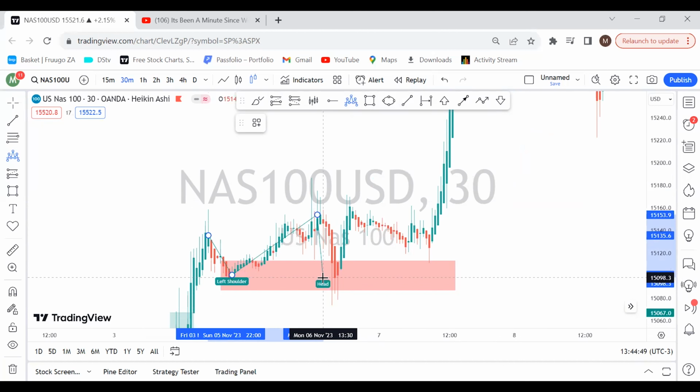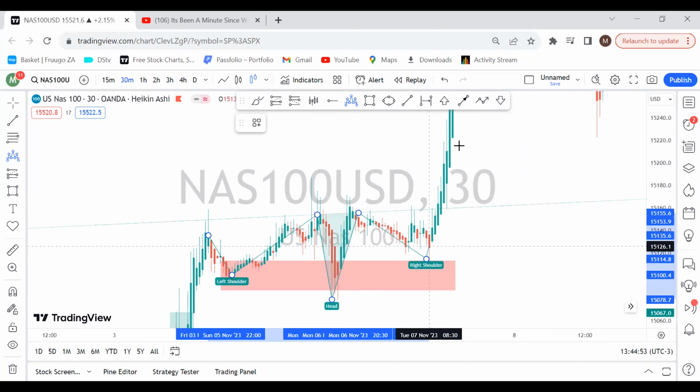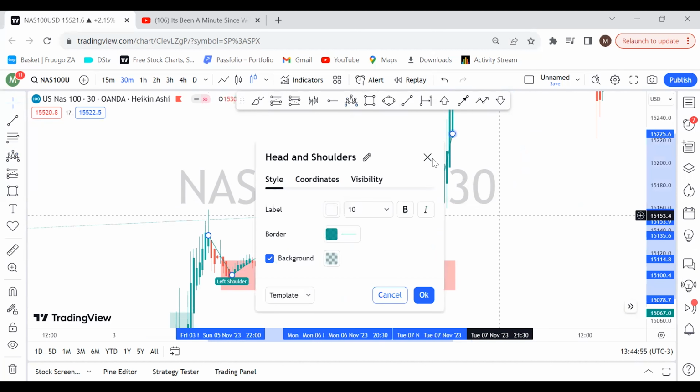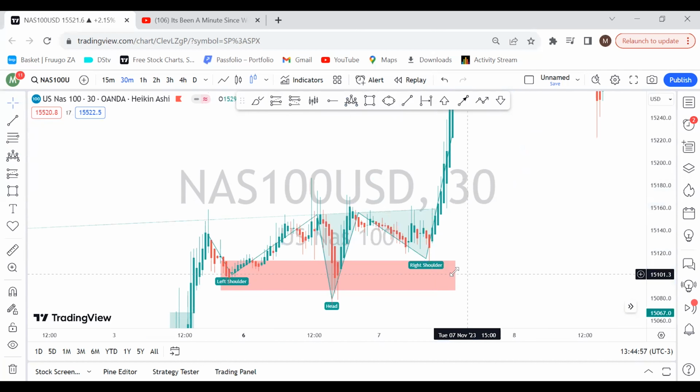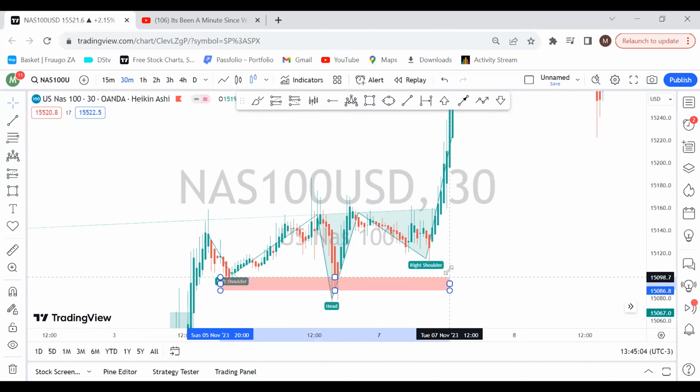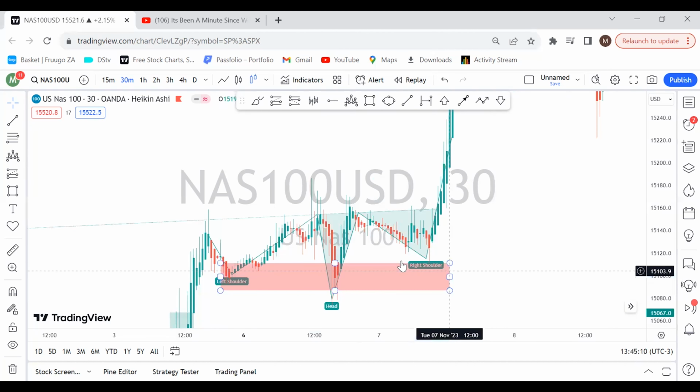Hold on here, my mouse is just doing weird stuff. Okay, so you could have used a head and shoulders instead if you were worried that the price won't reach this zone. But usually you should form your zones a bit thicker so you can let the price touch it.